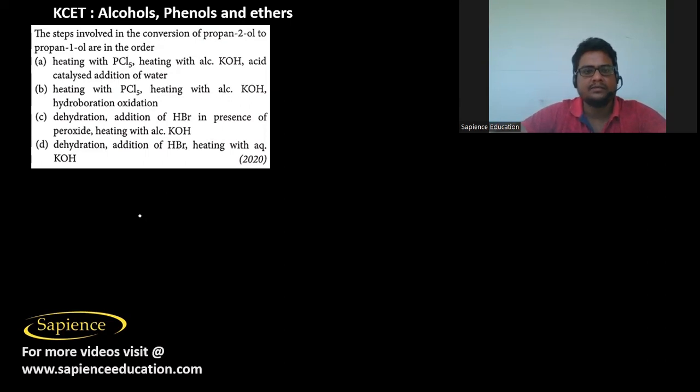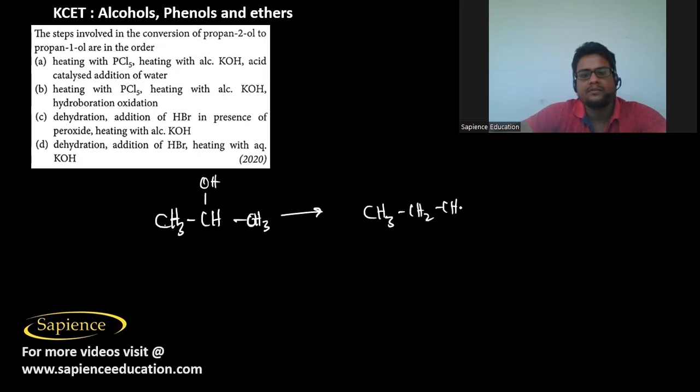So here we have propan-2-ol, and it should be converted to propan-1-ol, which is CH3CH2CH2OH.